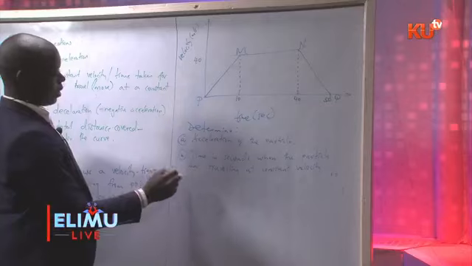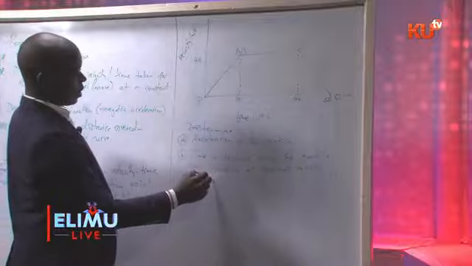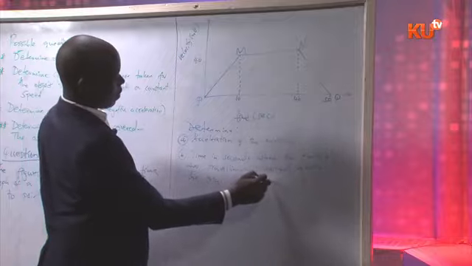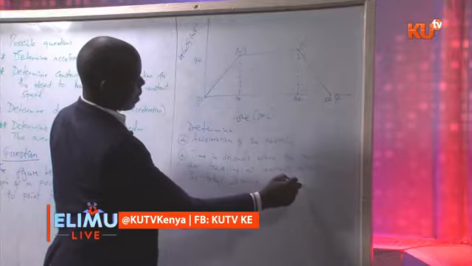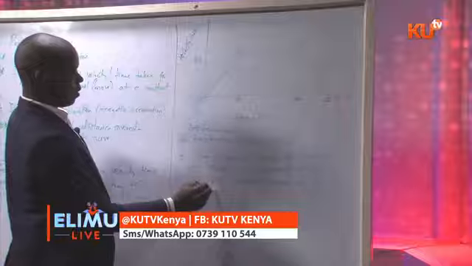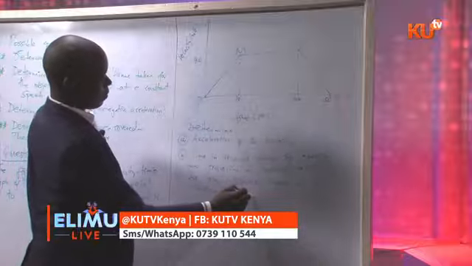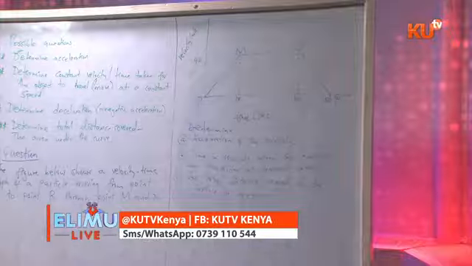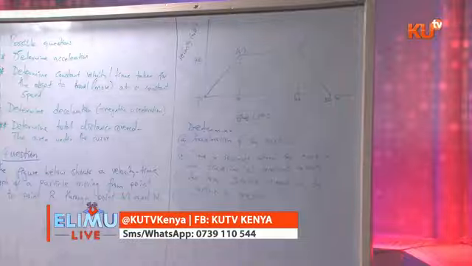And part C, the total distance covered by the particle in meters. So those are the questions that you've been asked from that diagram.